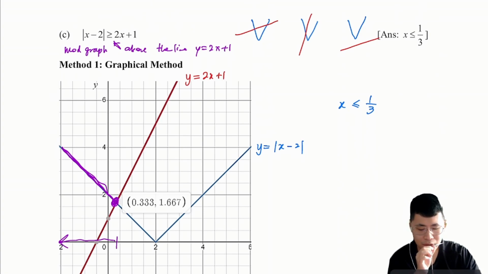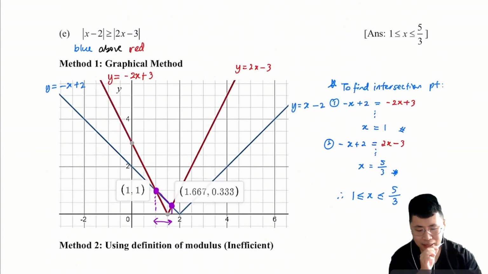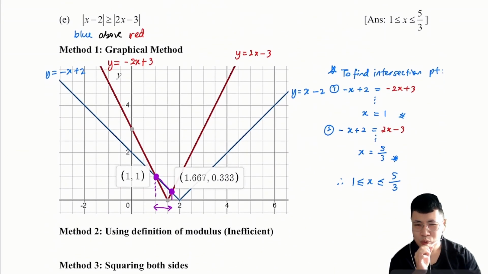So what we do with the graphical method is plot the graph, solve for the intersection point, and then look at the inequality and solve for the inequality. For this kind of case, we need to be extra careful. If you want to square both sides, remember to check using the test point method instead of the quadratic graph method. Last but not least, where we have modulus on both sides, usually we will get two intersection points.